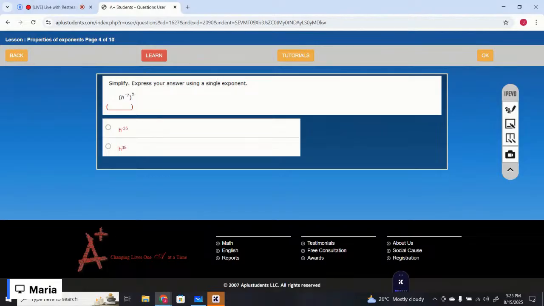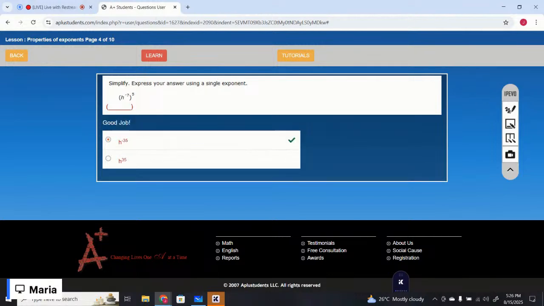Simplify h exponent negative 7 times 5. So which is the correct option? That is h exponent negative 35.